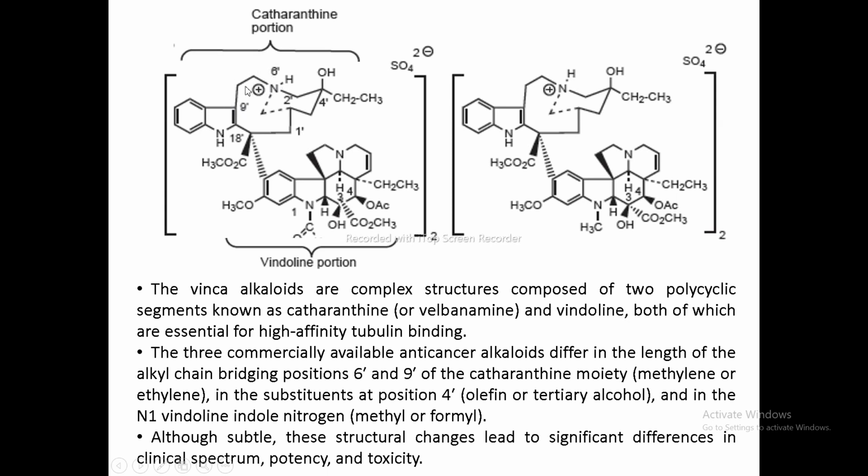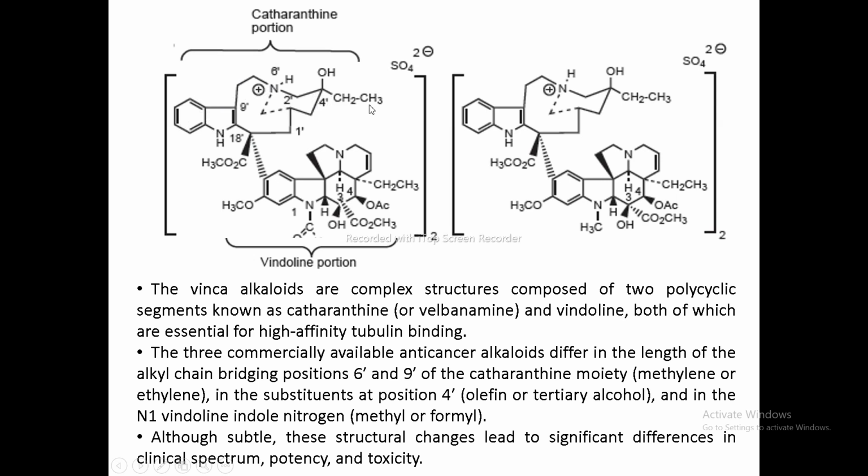of the catharanthine moiety. So either it is a methylene or an ethylene portion. Now in this case, it's an ethylene portion because there are two carbons. But in vinblastine, vincristine or vinorelbine, it is either methylene, or in some cases ethylene. Also, all these three alkaloids differ in the substituents at position 4'.